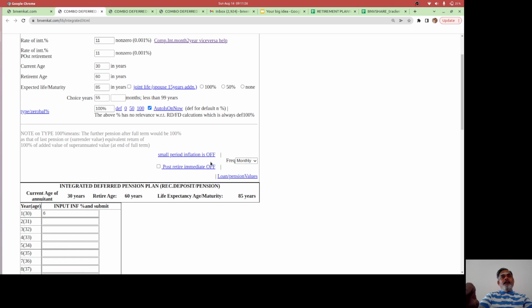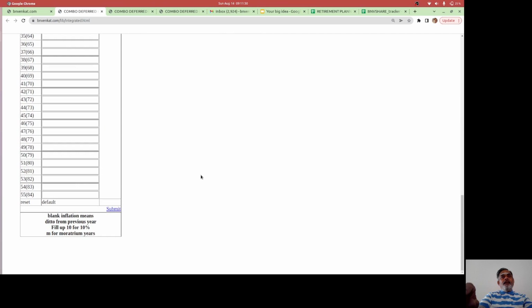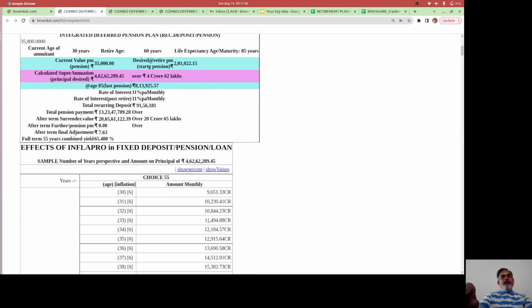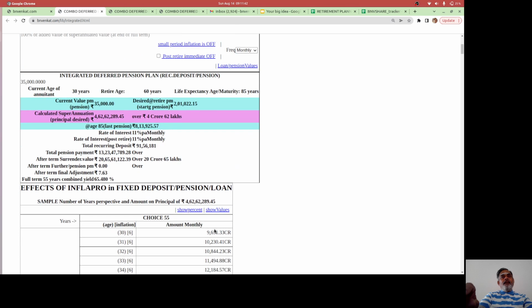We have post retirement off, and let us submit it with this default value of 6% inflation. We come across the saving of 9,651.33 per month. That is, first year investment is 9,651.33, which is the same as what we have calculated.